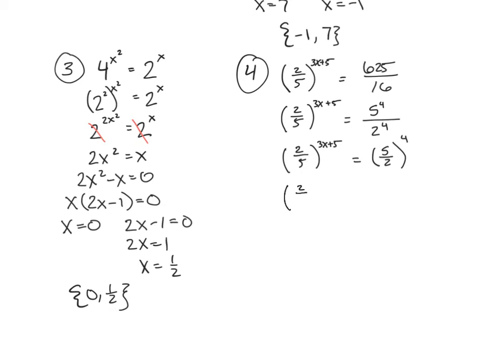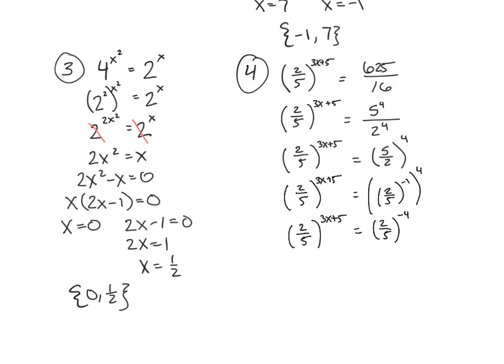But I'm going to say this is 2/5 to the 3x plus 5 is equal to, I'm going to double parenthesis here, pardon me, we're switching that fraction, 2/5 to the -1. So I've switched that fraction, I've flipped that over to the power of 4, and then I can use my power rule to multiply those exponents together. So we're going to have 2/5 to the 3x plus 5 is equal to 2/5 to the -4.